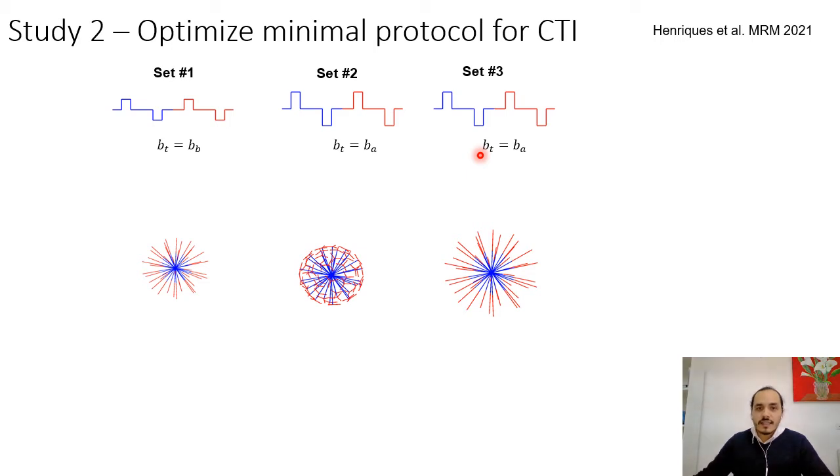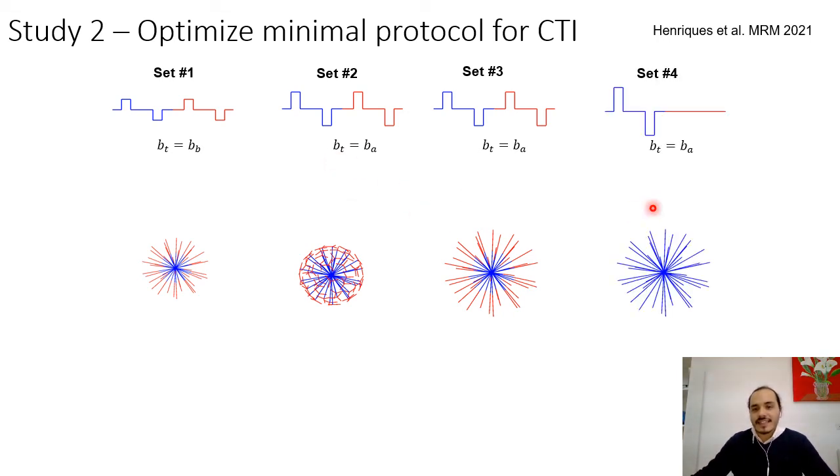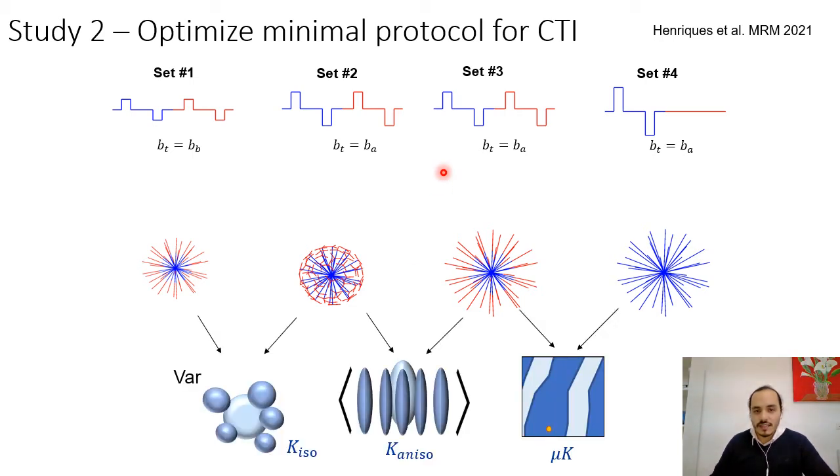We also need another set of double diffusion encoding in which the 2 pairs of double diffusion encoding are acquired perpendicular to each other. And we also need a set that is equivalent to single diffusion encoding. We also found that each combination of these sets provides specificity to different kurtosis sources.